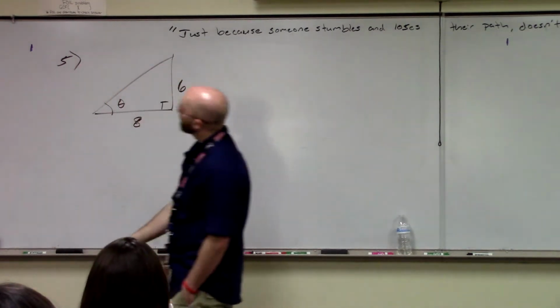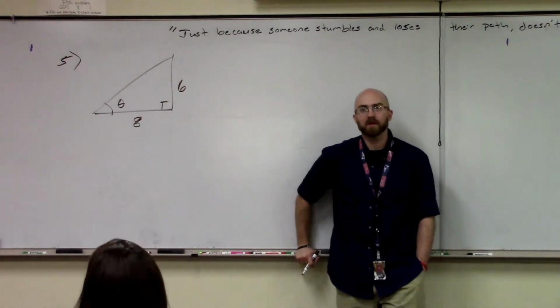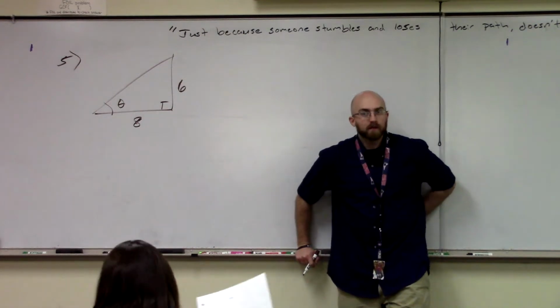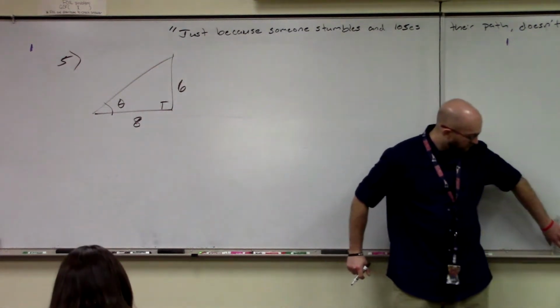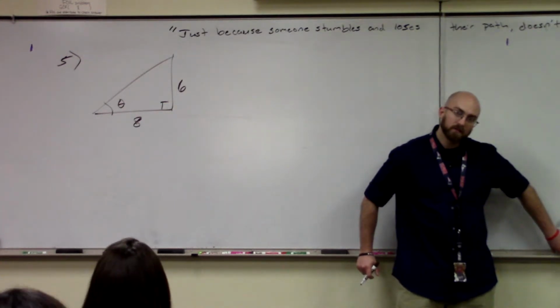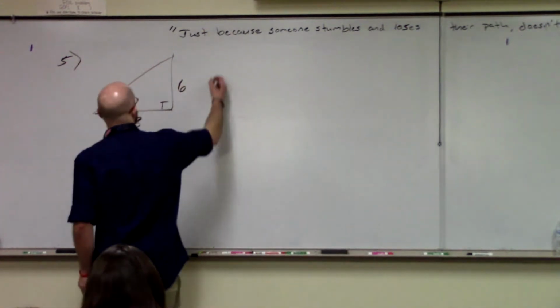All right, so if I'm looking at number 5, which is one of the basic ones, it says write all 6 trig functions, correct? So, should I find the other side first? How do I find the other side? A squared plus B squared, the Pythagorean theorem, which you guys should know.